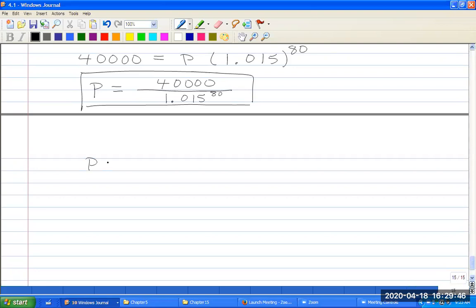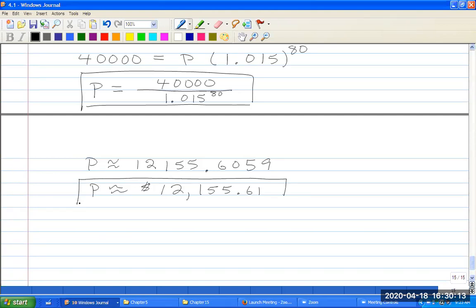And so P is approximately 12,155.6059, and so this is approximately $12,155.61. So that's how much you should invest so that in 20 years you have $40,000.